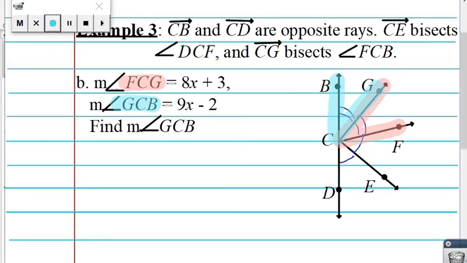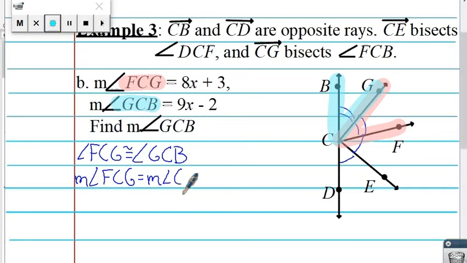So let's start by saying that those two angles are congruent. Let's say angle FCG is congruent to angle GCB. Now, once we have that the angles are congruent, then we can say that the measures of those angles are equal. So angle FCG is equal to the measure of angle GCB.